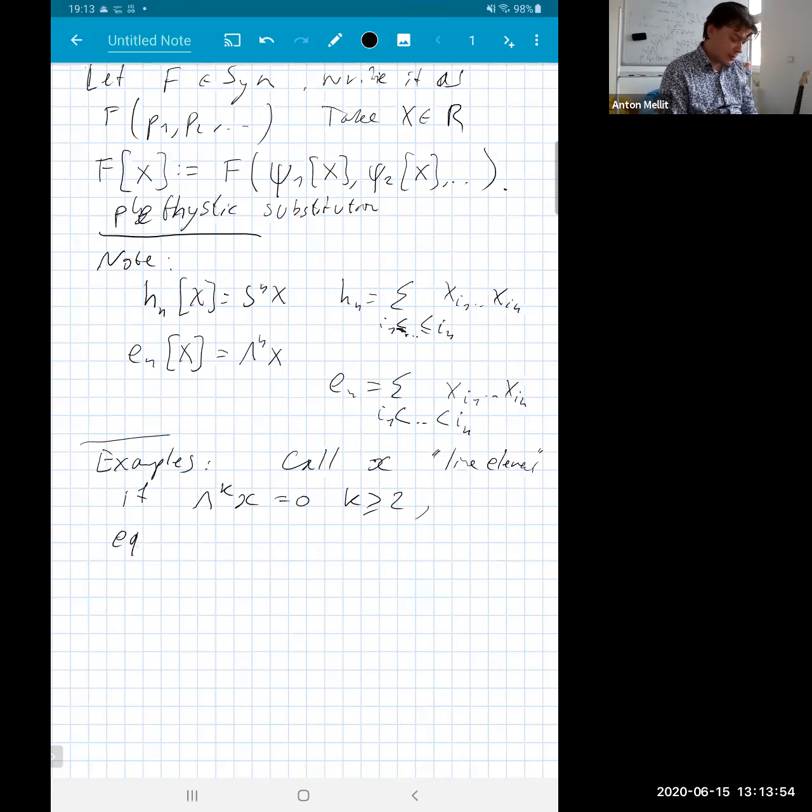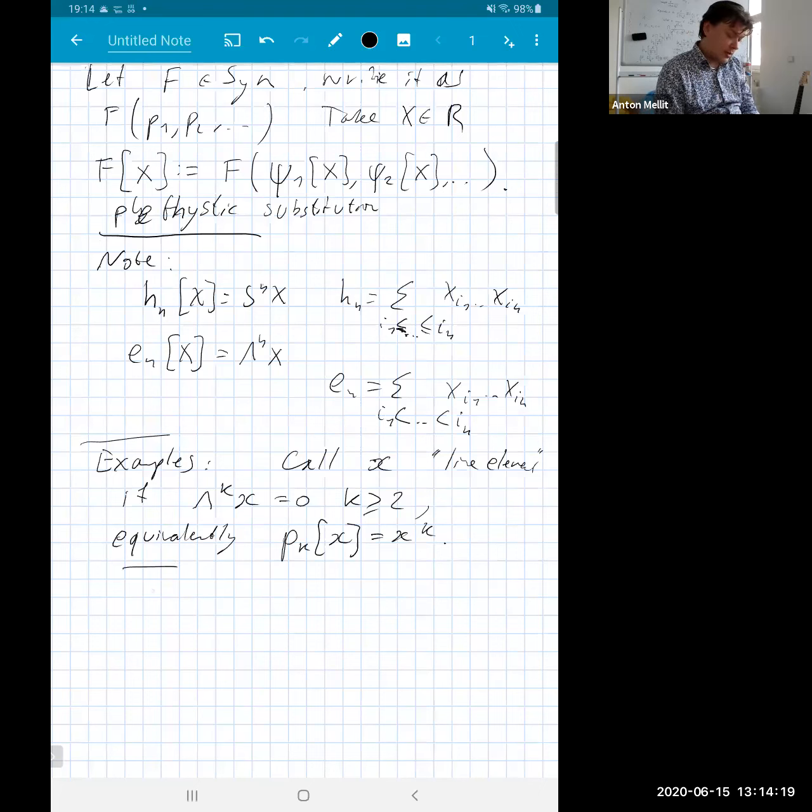Equivalently, it means that psi operations, which are the same as P operations, so let's start using P, simply raise everything to the k-th power.